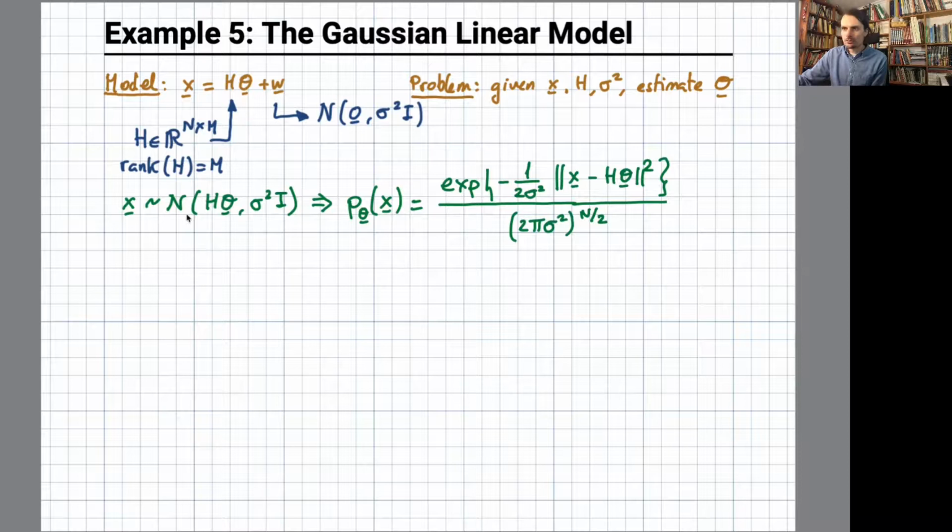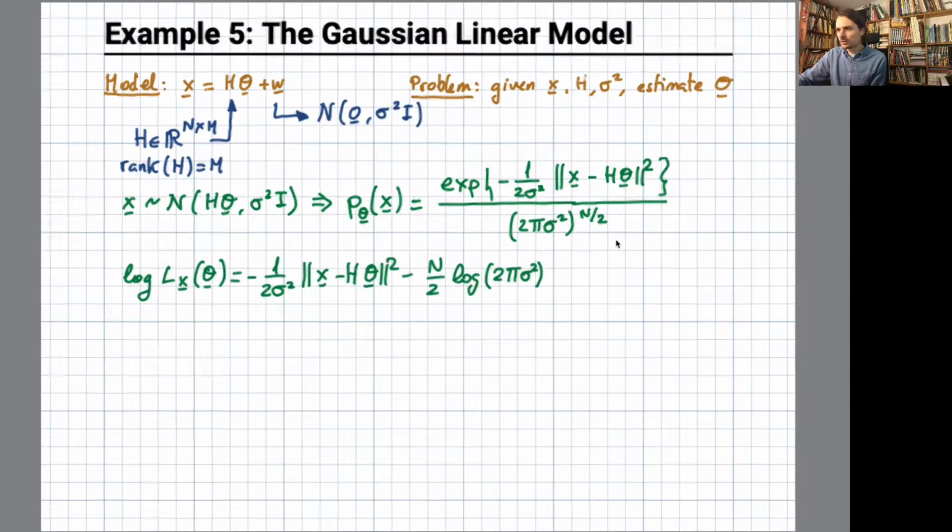The PDF obviously comes from the fact that x is Gaussian distributed with this mean and this covariance, right? We have done this before, so it can be expressed in this way. The log likelihood is therefore the logarithm of this, and comprises these two terms.